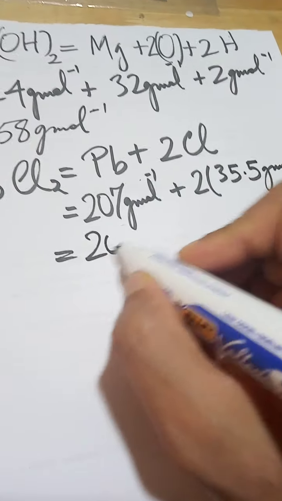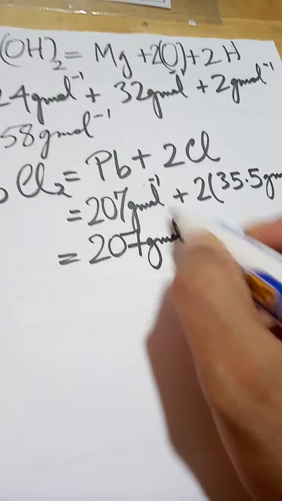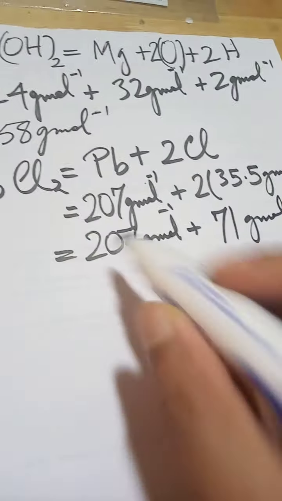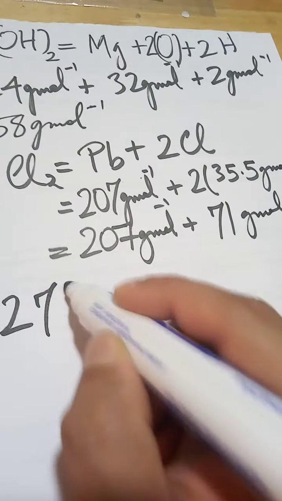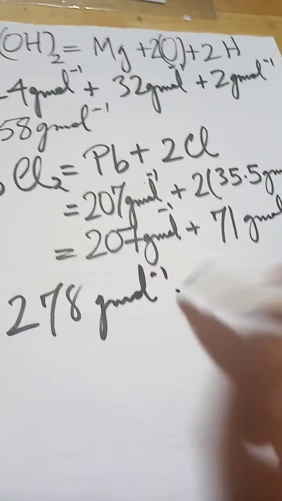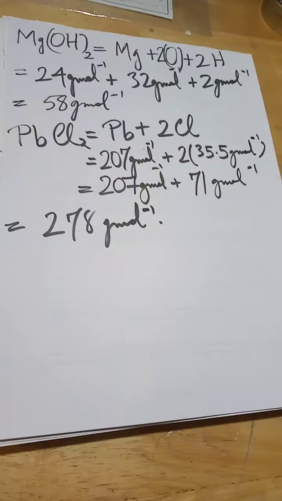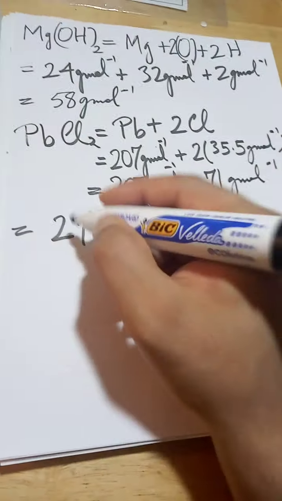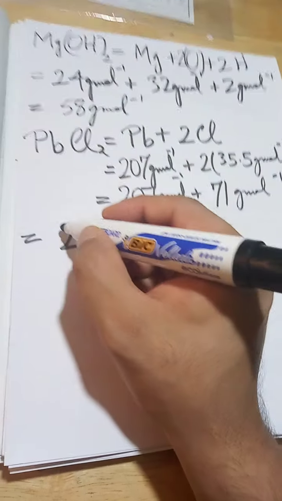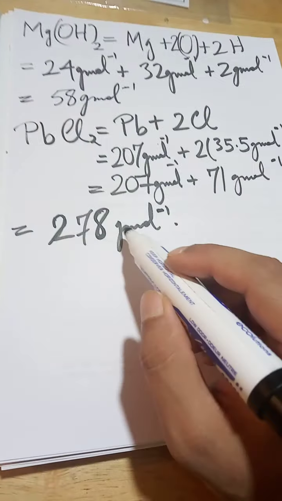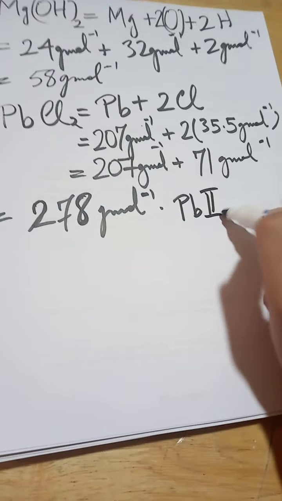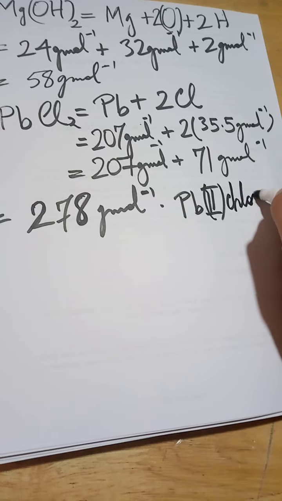That'll be 207 grams per mole plus 71 grams per mole. That'll be 278 grams per mole. So 278 grams of lead 2 chloride would constitute 1 mole.